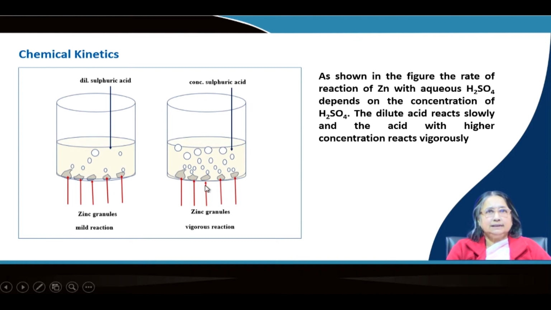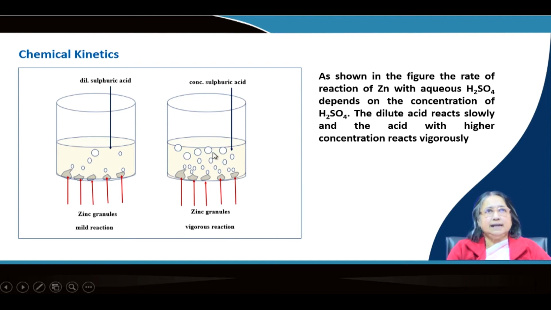There are two vessels. In both the vessels you see the zinc granules are there, and then in the first vessel dilute sulfuric acid is added, and in the second vessel concentrated sulfuric acid is added. This is dilute and this is much more concentrated sulfuric acid. Now, what you will see?